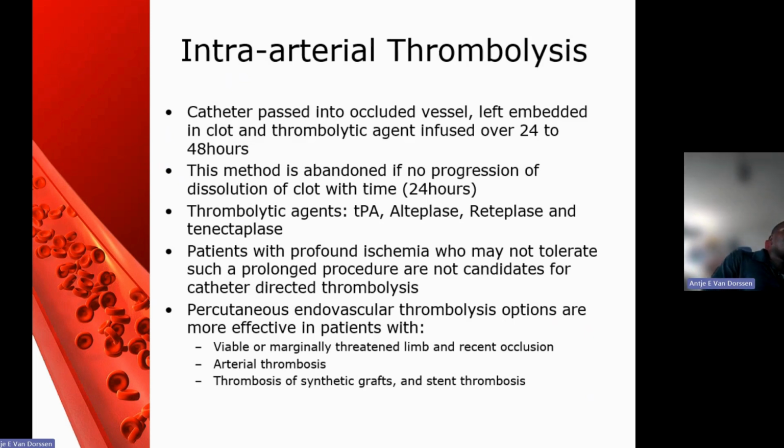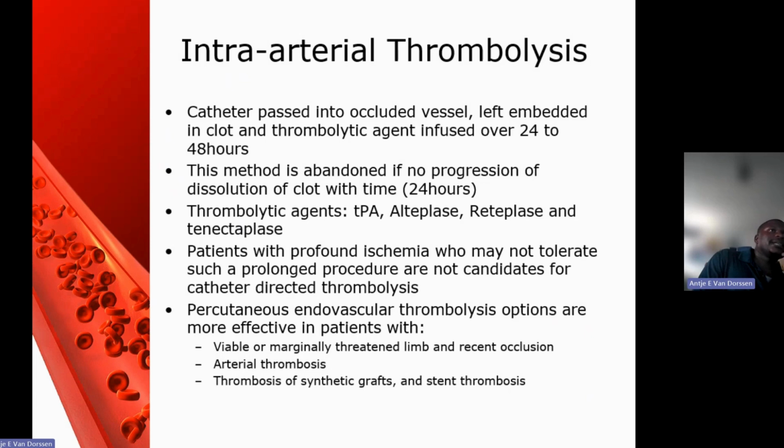So intraarterial thrombolysis, of course, what they would do is that they will take a catheter and pass it into the occluded vessel, and then they will leave it embedded in that clot, and then they will infuse the thrombolytic agent over 24 to 48 hours. Although if in 24 hours time there's still no dissolution of the clot, then they will just abandon this intervention.